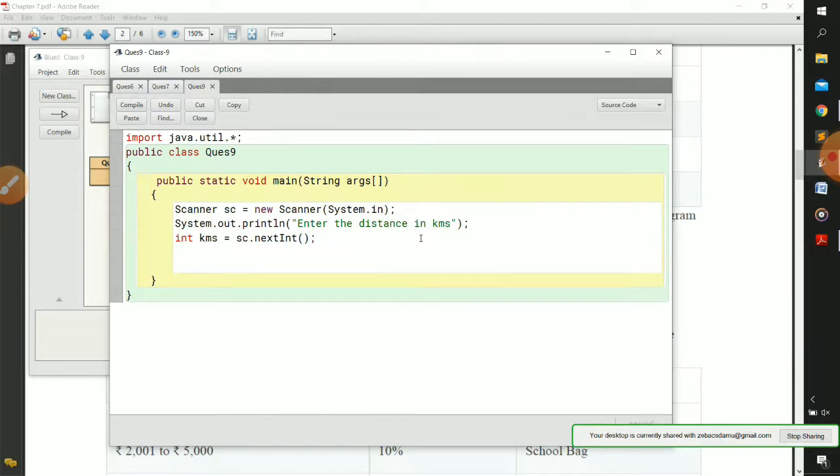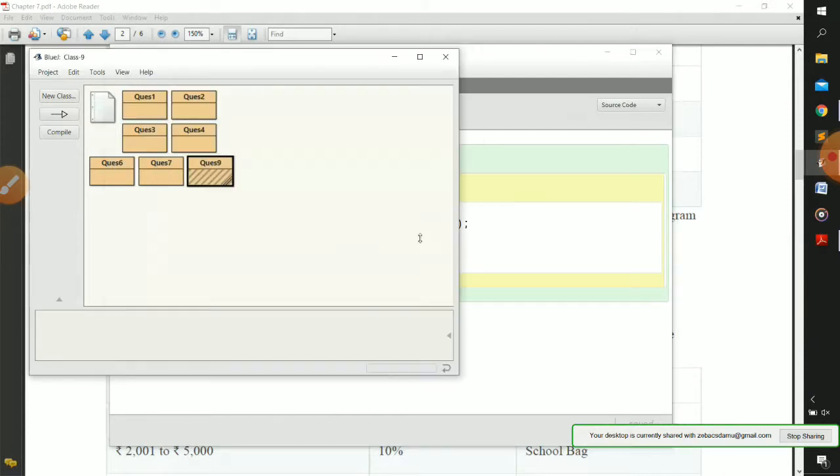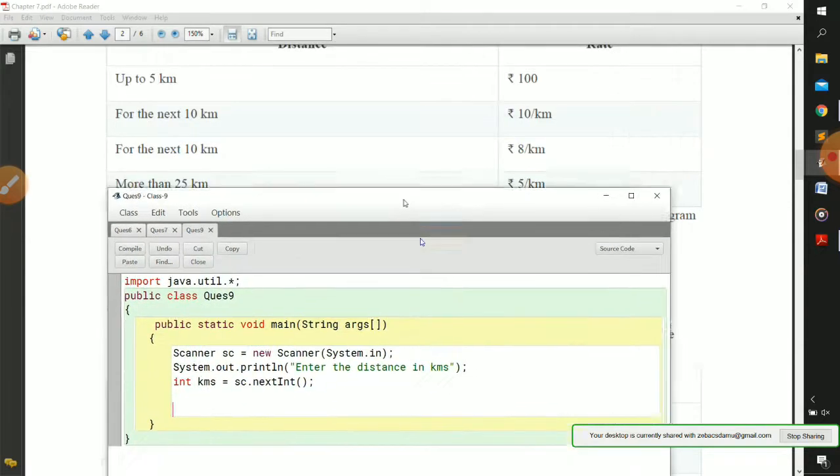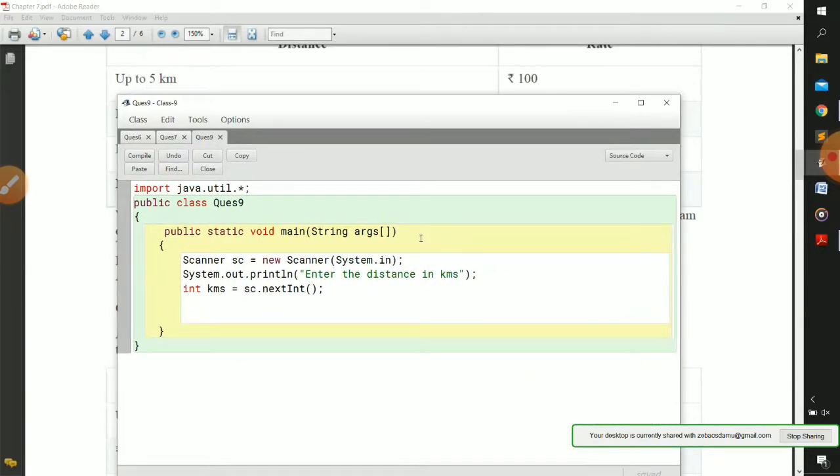Now let us use that if else if code depending upon that table. One by one we are going to see the rows of the table, and one by one we are going to write down the if conditions. For the first row, up to 5 kilometers, firstly you need to define a charges variable.